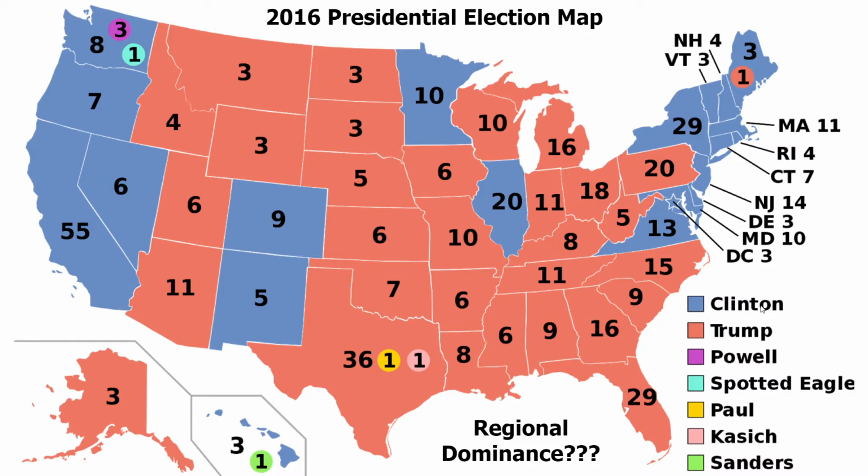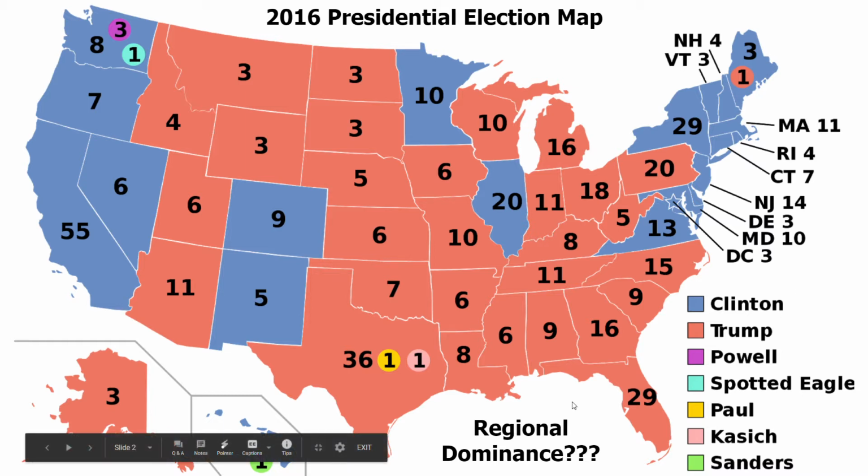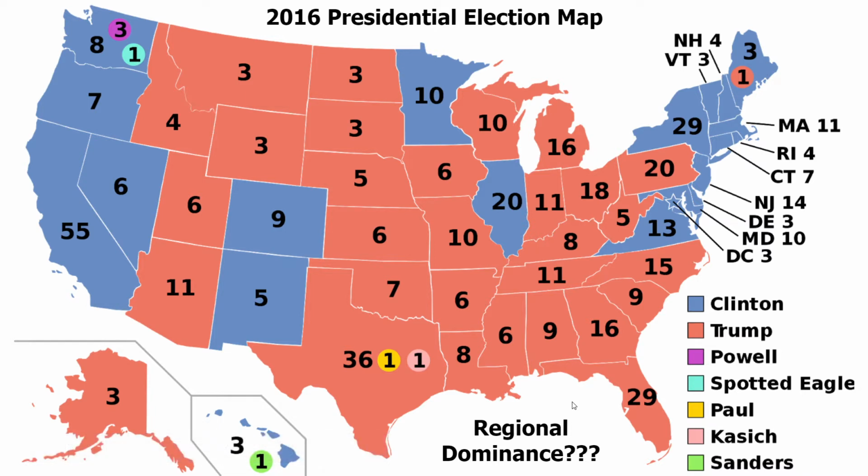I did want to go back and just take a look at our last presidential election from almost 4 years ago now. So as this election year goes on, they're going to show maps like this. And one of the questions on your study guide I know is about regional dominance. Where do Democrats get their votes from and where do Republicans get their votes from?